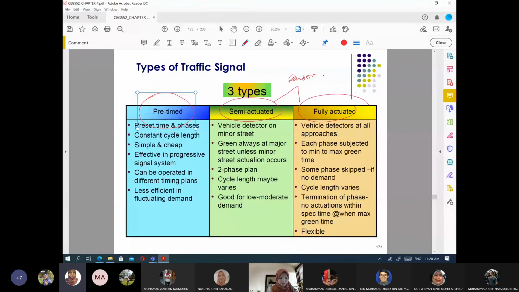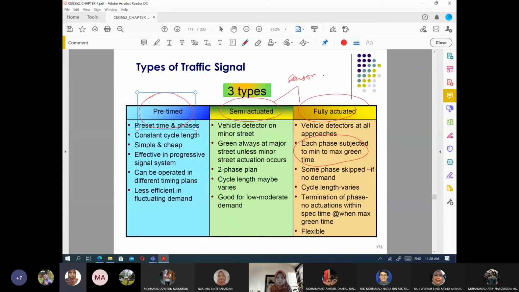Okay, ini dia punya range lah. Fully actuated vehicle detectors on all approaches. Semua approach kita letak detector ataupun sensor. Each phase subjected to minimum and maximum green time. So this is also a problem when you don't fix to have this minimum and maximum green time.